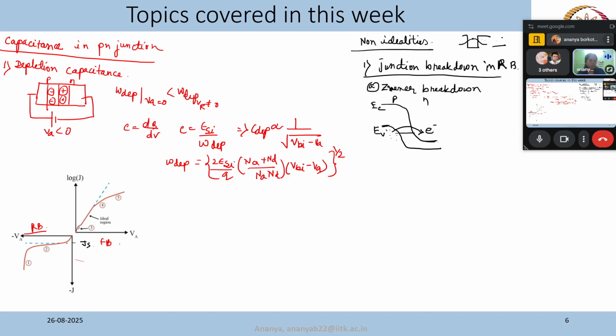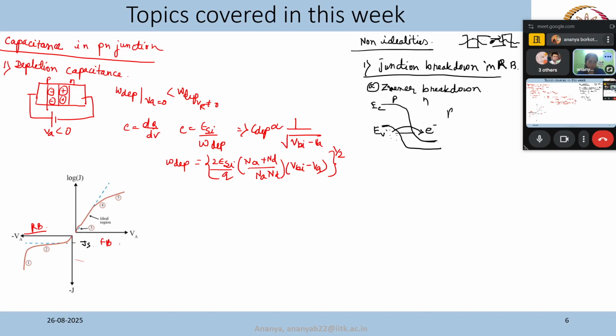Or if there is a barrier in between and an electron is moving from this side to this side, even though the electron energy is less than the barrier height, there is still a probability that the electron will reach this side. So if this goes very high and this barrier becomes very small, then electrons can move from the P side to the N side, and that can lead to a breakdown that is known as Zener breakdown.